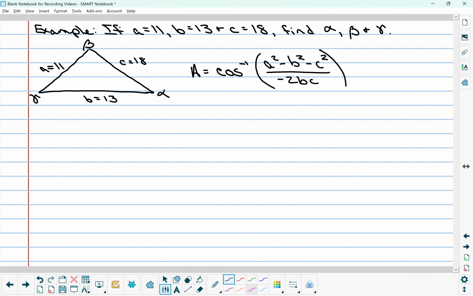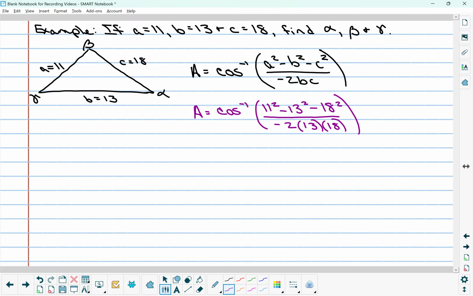Okay, so we're just going to plop stuff in there. So A is going to equal the inverse cosine of 11 squared minus 13 squared minus 18 squared all over negative 2 times 13 times 18.